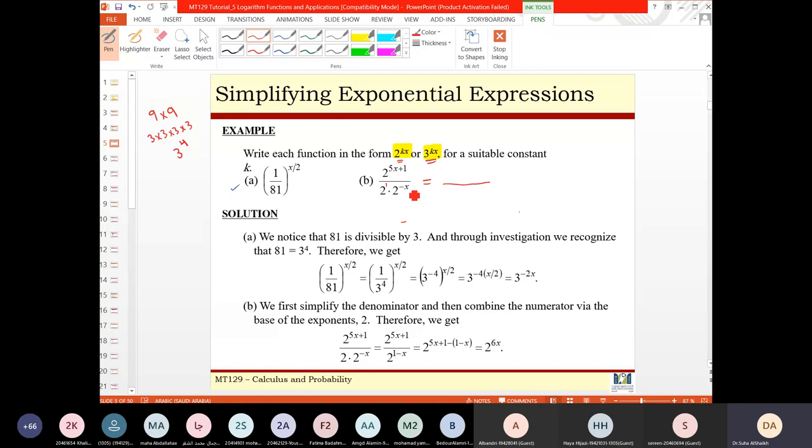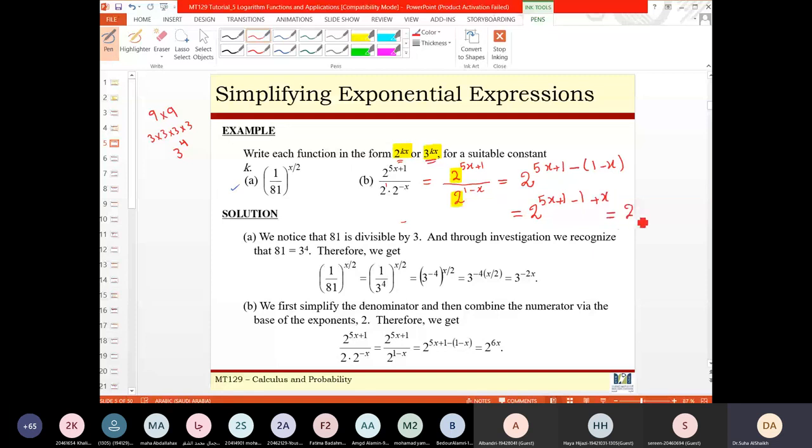And up there I have 2 to the power 5x plus 1. Okay, same base, different power, and I have a division. What should I do with the power? We subtract. So this is 2 to the power 5x plus 1 minus the other part, which is 1 minus x, and don't forget to put it in a bracket. So this will be 2 to the power 5x plus 1 minus 1 plus x.